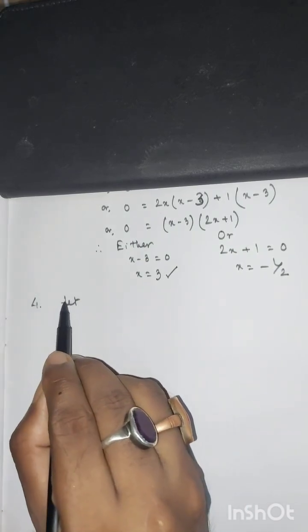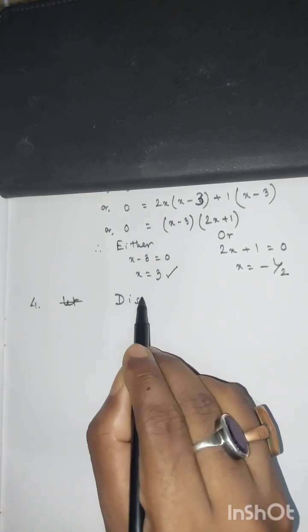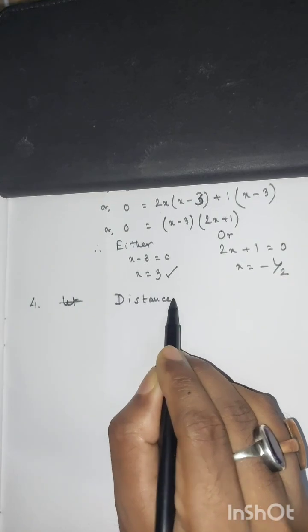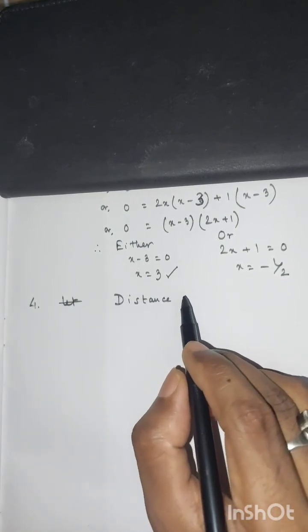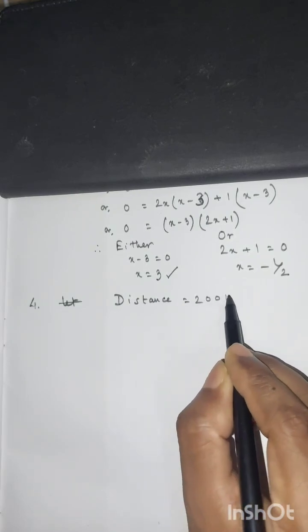First write the distance. Distance equal to 200 km.